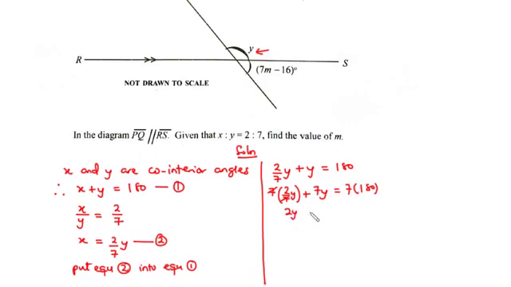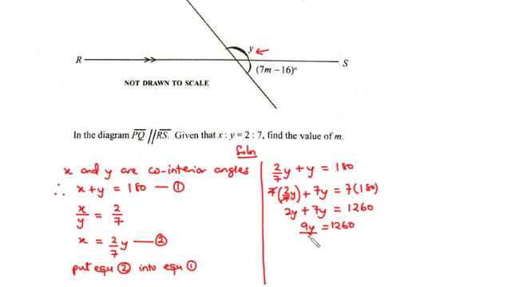We are left with 2y plus 7y equals, now 7 times 180 gives 1260. 2 plus 7 is 9. So we have 9y equals 1260.